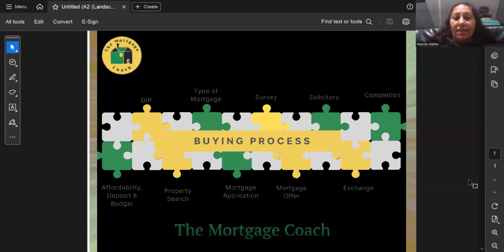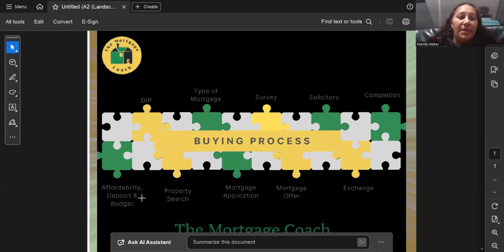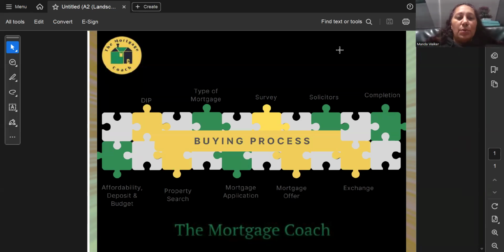When we're looking at the buying process, there are several different components. So let's start at the beginning. We've got affordability, which is when you're working out what you can afford on a monthly basis. You also have borrowing, how much you can borrow, and that is more on an annual basis.